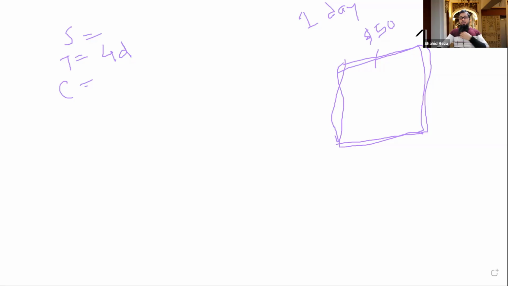So we need 4 days to complete the walls.